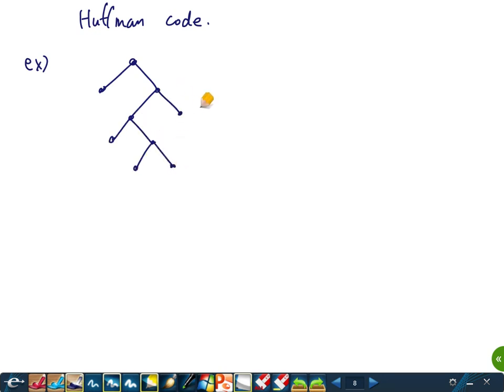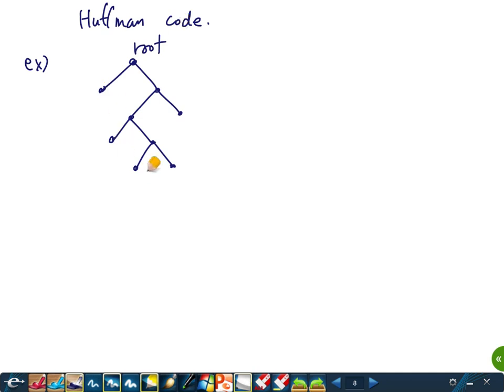The Huffman code, the coding system, example. So it's a tree, basically a binary tree. And so this is the root. Root is at the top.